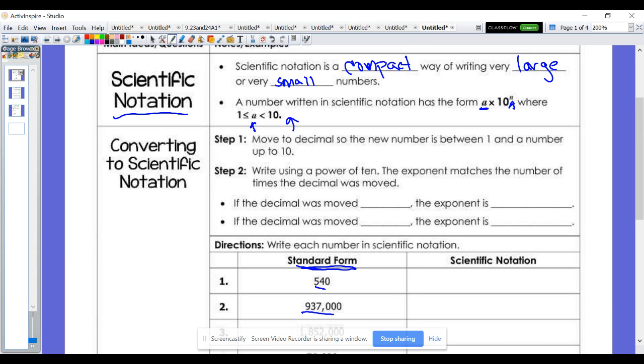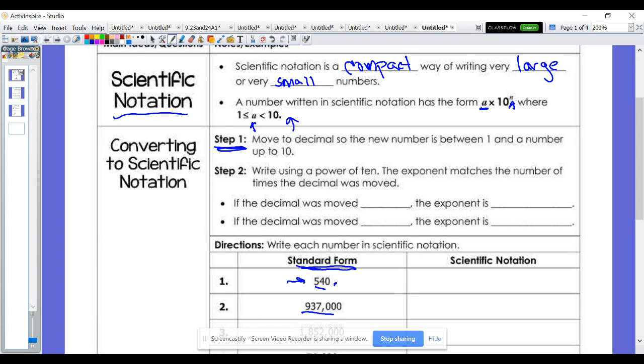If I'm changing that to scientific notation, step 1 up here tells me I have to move the decimal so the new number is between 1 and 10. So if I'm looking for the decimal point in number 1, 540, the decimal point is technically right there. It's hanging out at the end.